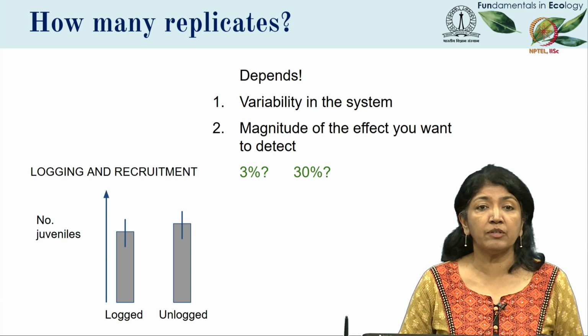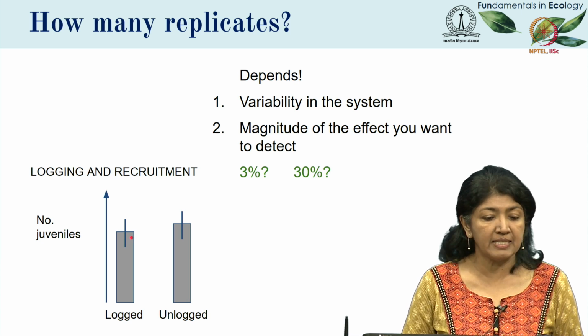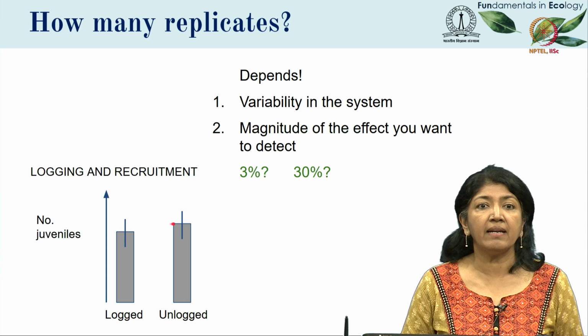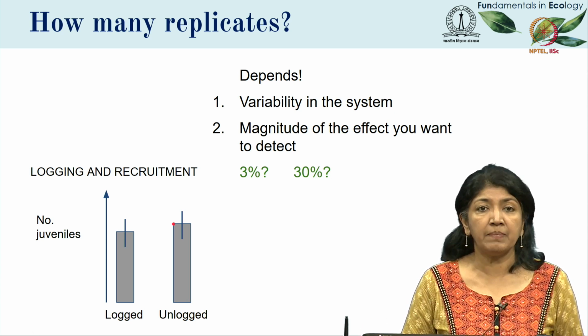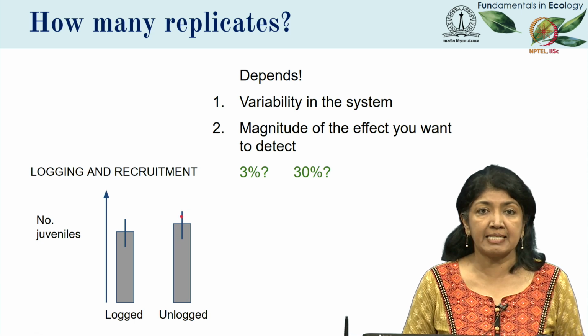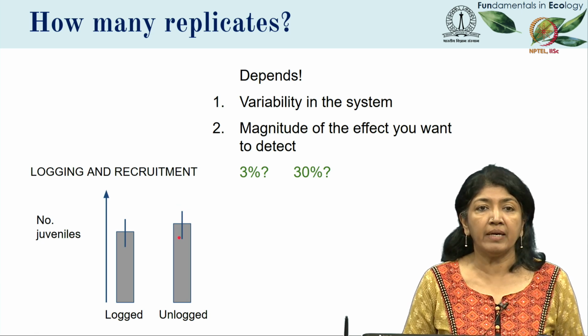Now, if the difference between the two types of forests is small, so 3% difference, then if I have a comparatively small sample size, I wouldn't be able to estimate the mean number of juveniles in unlogged and logged.